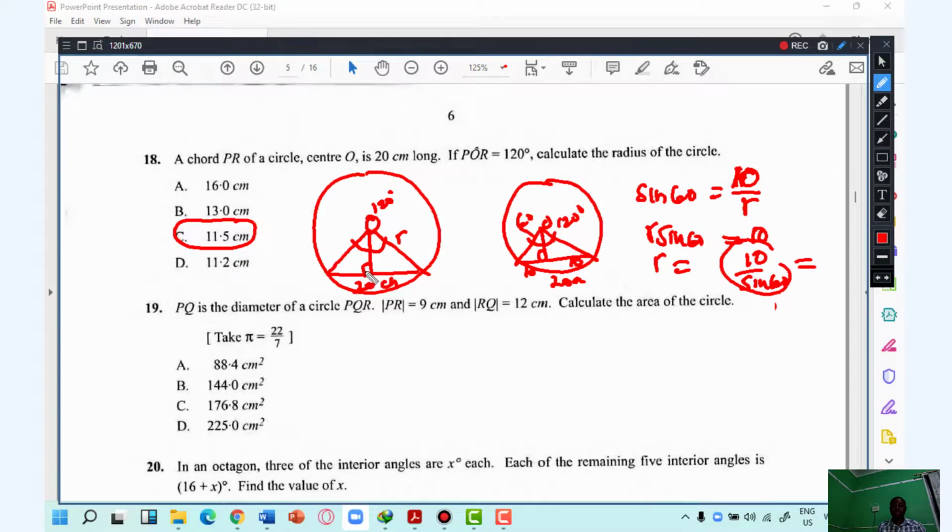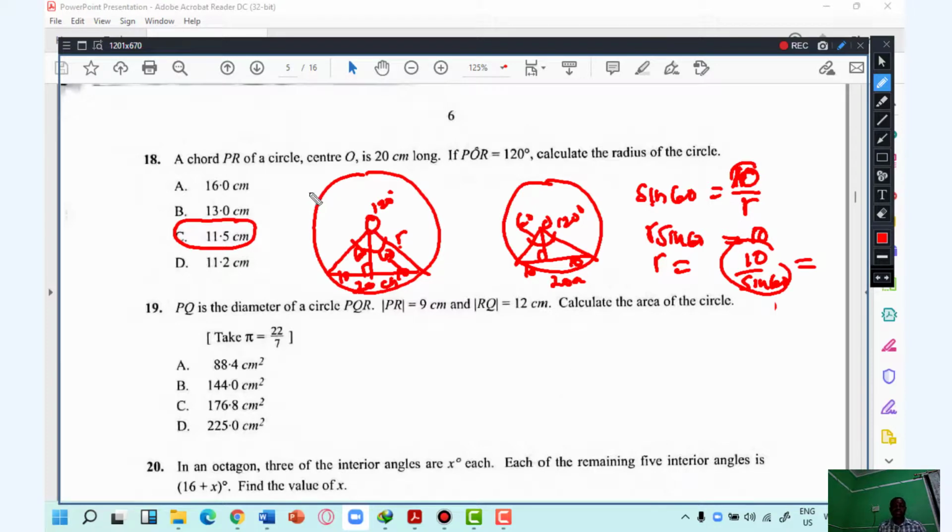The moment this 90 degrees line divides it, here will be 60, here will be 60. We also divide this into 2, 10, 10. If you look at it, this will be the opposite, then the hypotenuse. So opposite, which is 10, over the hypotenuse, the radius, then do cross multiplication, divide, and you get the answer.